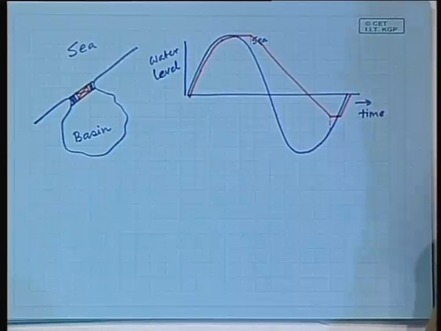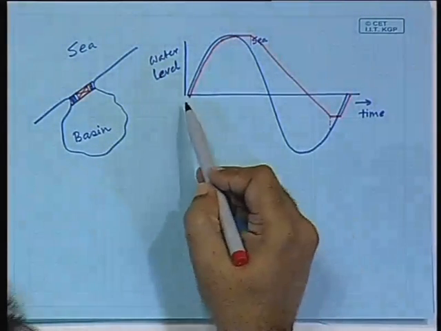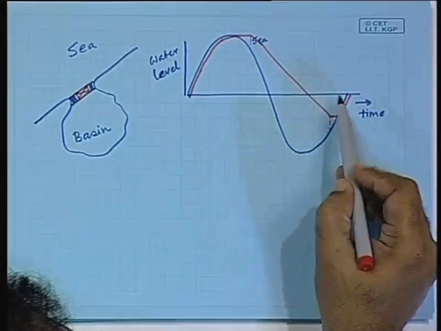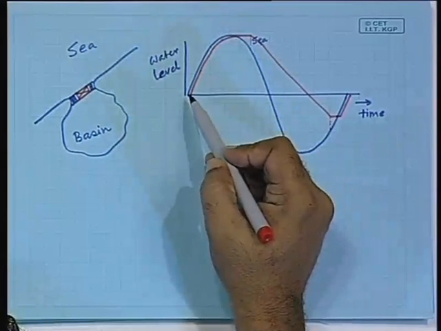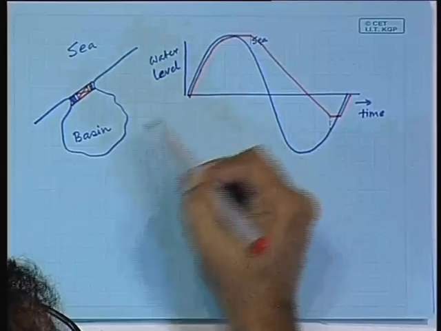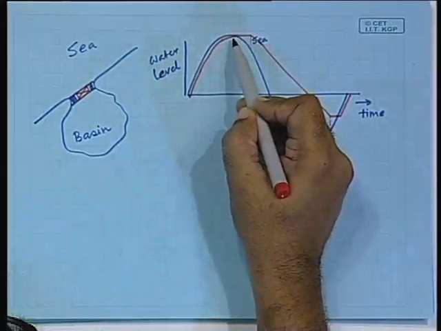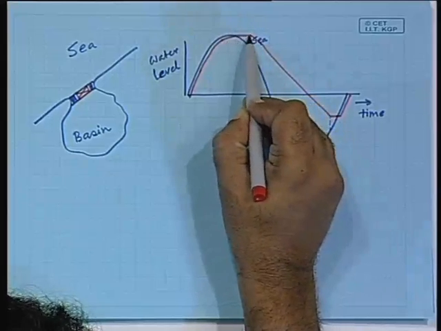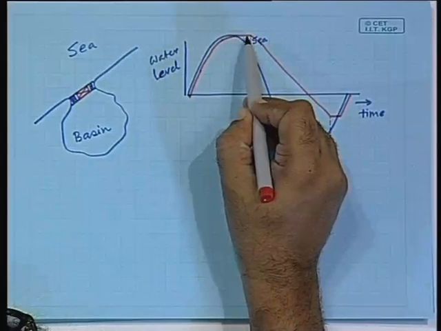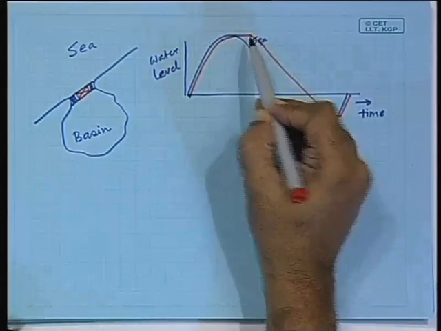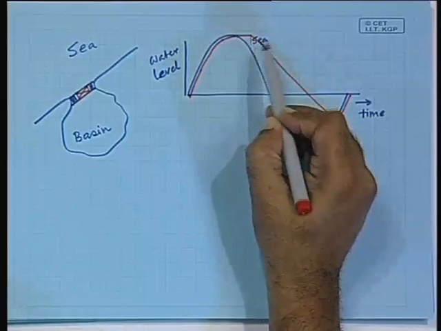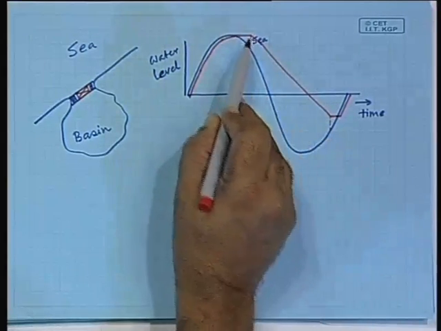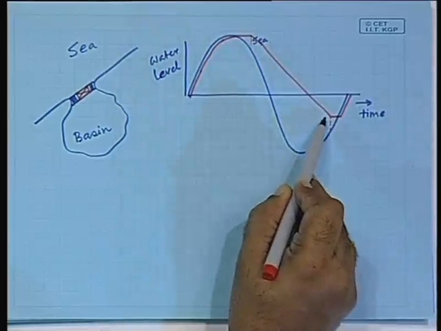Is that understood now? So, what is happening? The sea water level is varying approximately sinusoidally. During the high tide, the basin water level is following the sea water level because the sluice gates are open, and at this time the sluice gates are closed, the turbines are also closed till a certain head builds up. At that point of time the turbines are opened, and then there is generation of electricity.